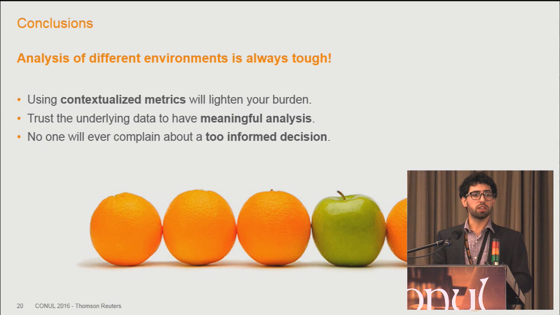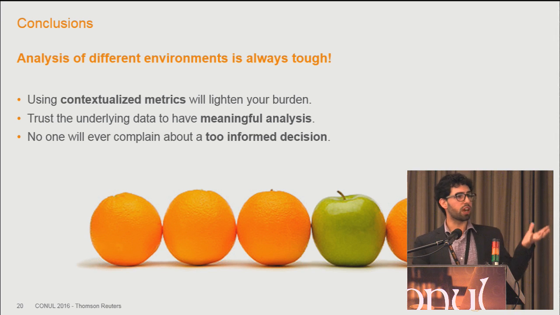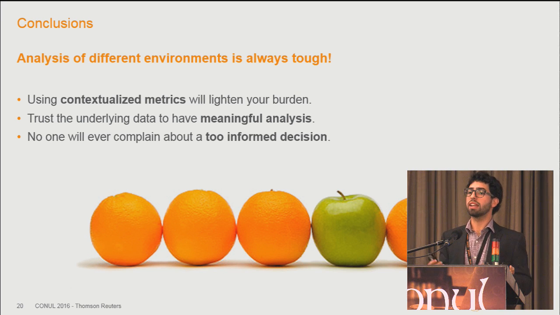So what I wanted to tell you today is that analysis of different environments is always tough. We know about that. But if you have contextualized metrics, metrics that are put in context regarding journals or regarding the categories, then you can at least have a decent analysis between two very different papers.